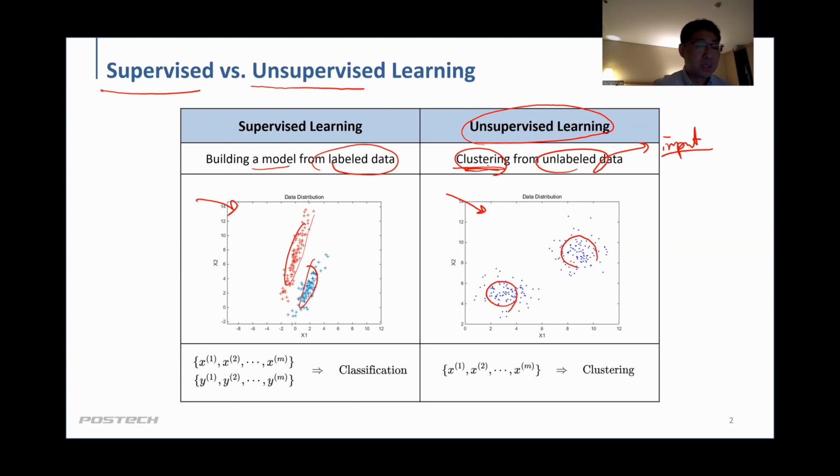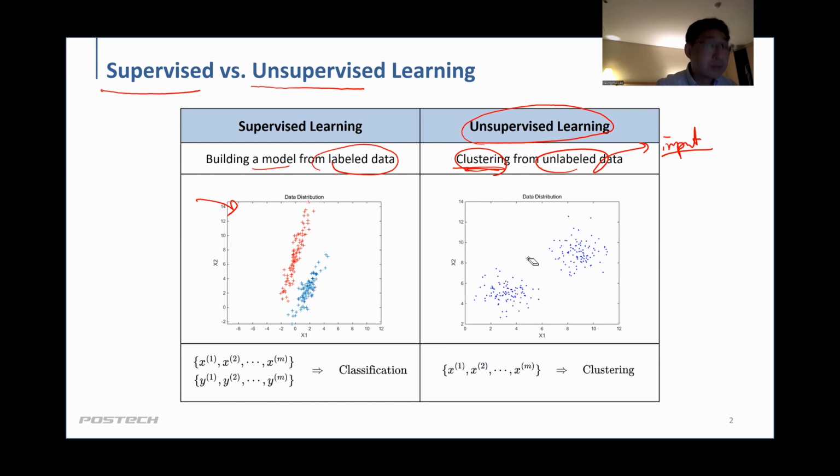The only difference is that here I use different colors to represent, for example, red as part of one label and the other color as the other label. Over there, on the other hand, there is a single color, right? So we don't know the labels. We don't have any labels. That's the biggest difference.